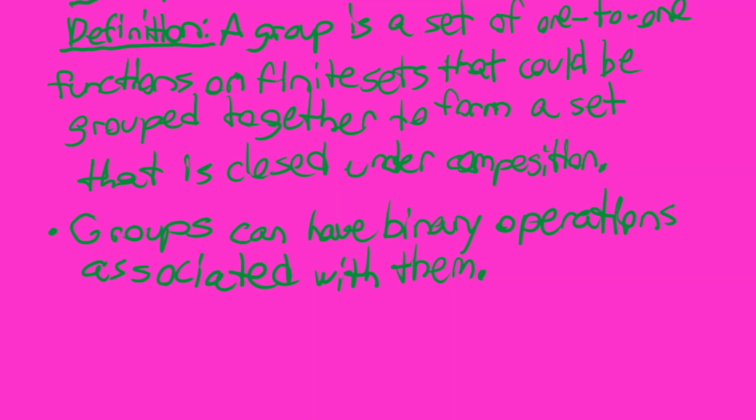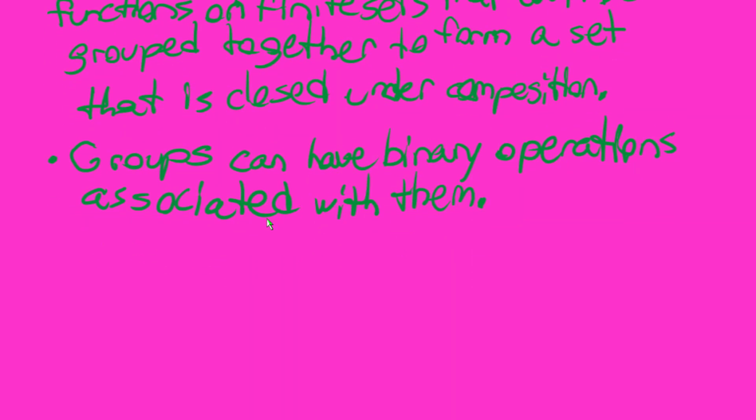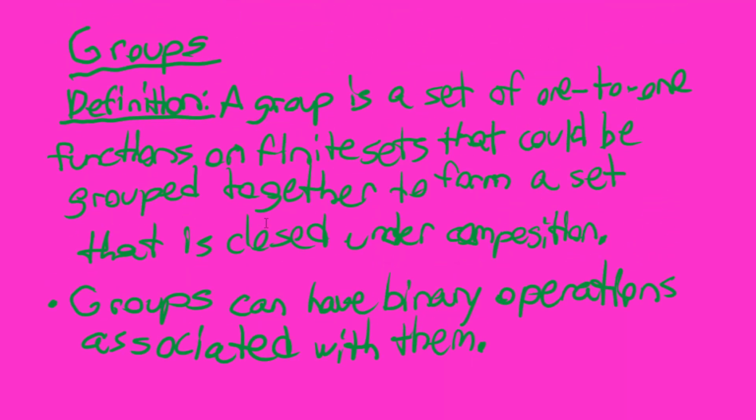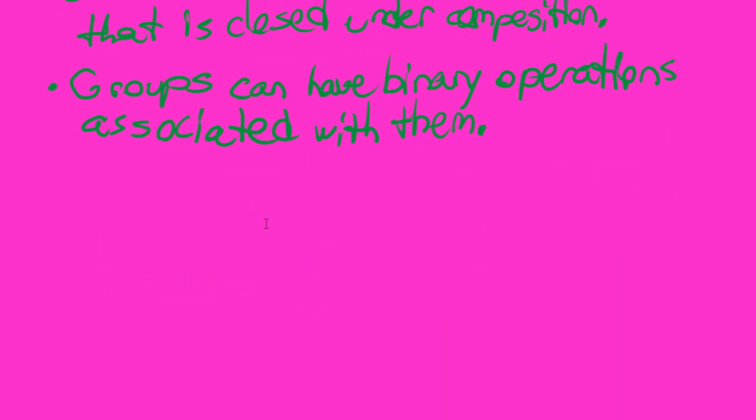And we kind of went over this a little bit when we were looking at the Cayley table in part 1. Not about the binary operations, but the fact that the group is closed under composition. But binary operations are a new thing that we're going to look at for this part. And we are actually going to look at what a binary operation is.